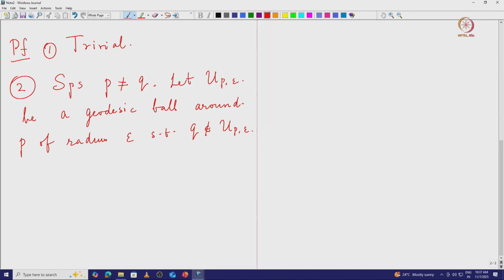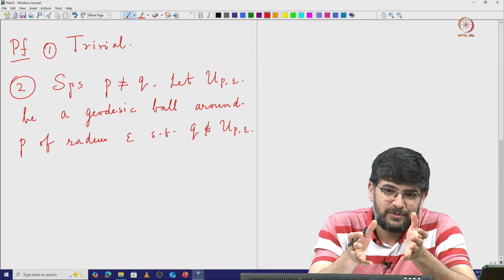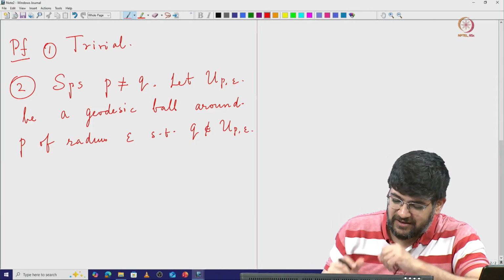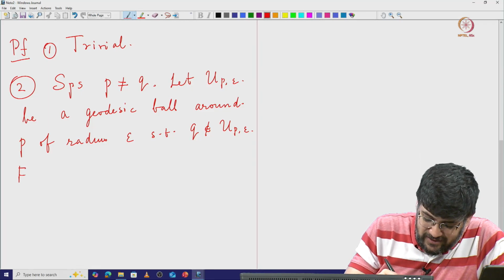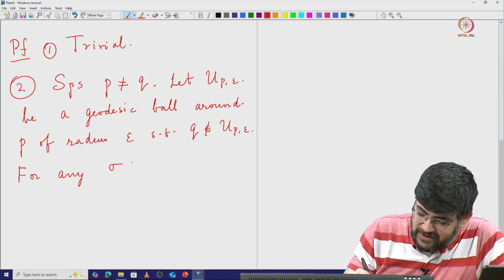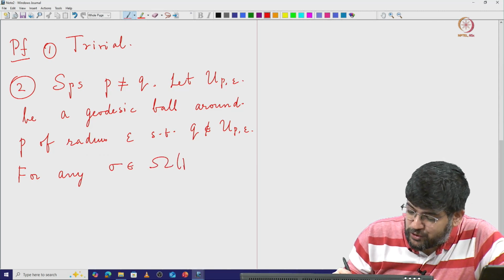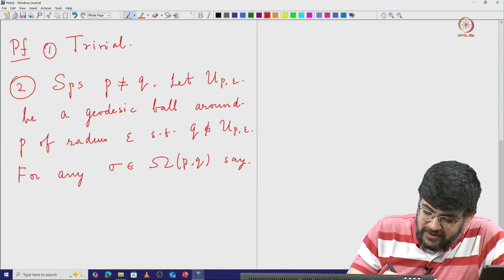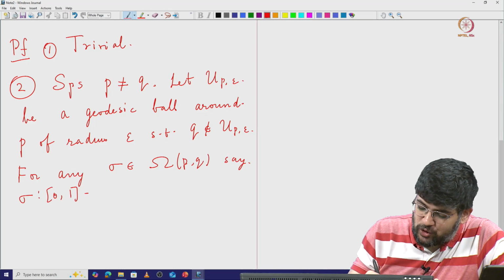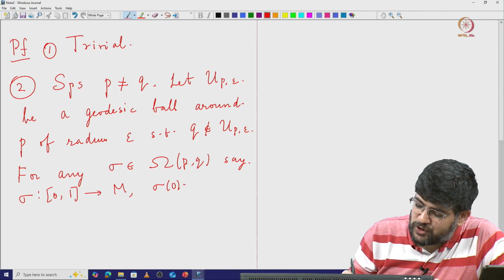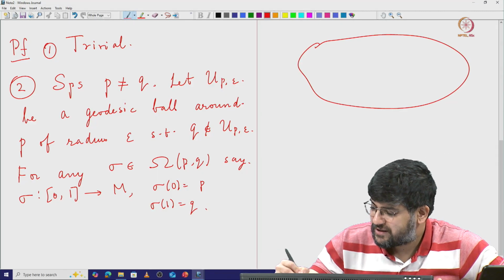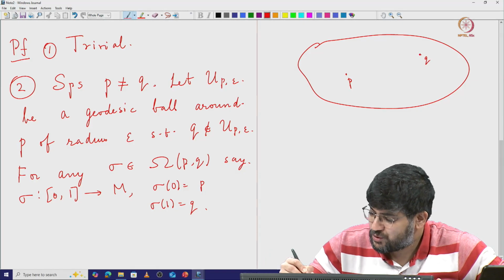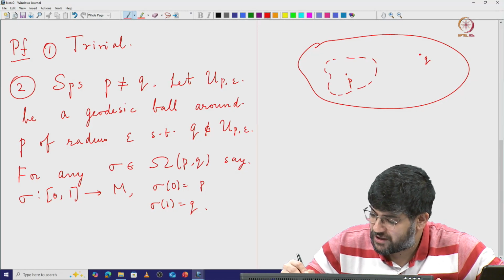You can always find an open set around P that does not contain Q, and then you can find a geodesic ball that is contained in that open set. But then for any sigma connecting P to Q, say sigma is from 0 to 1 to M, sigma of 0 is P, sigma of 1 is Q. So the picture is the following: you have your P, you have your Q, you have this geodesic ball here.